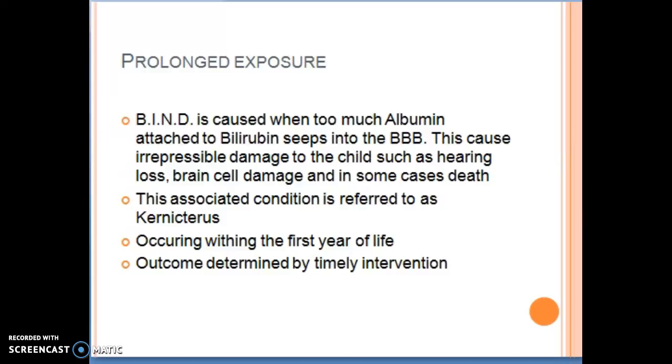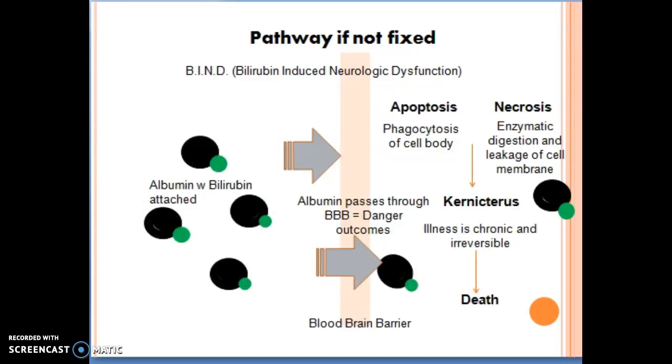It is when too much albumin is attached to bilirubin and it seeps through the blood-brain barrier. This causes all kinds of damage: hearing loss, brain damage, death, mental retardation, and also the prolonged condition associated with it is kernicterus, and it is irreversible.